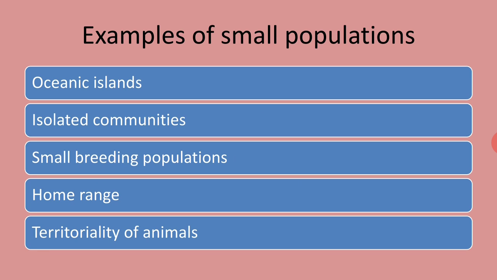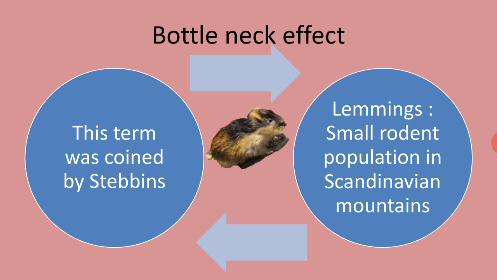I will give examples of small populations. And small populations, as I already told, are represented by populations inhabiting oceanic islands, isolated communities, small breeding populations, home range and territoriality of the animals. All these factors are responsible for the formation of small populations.